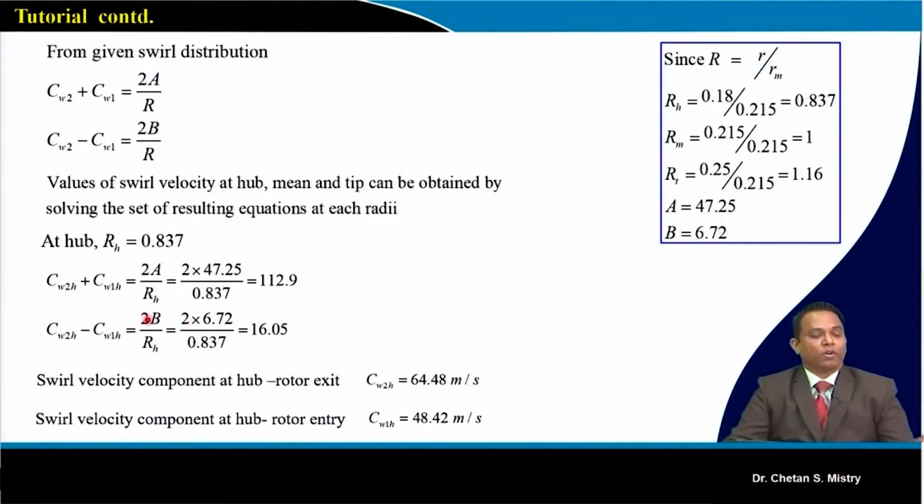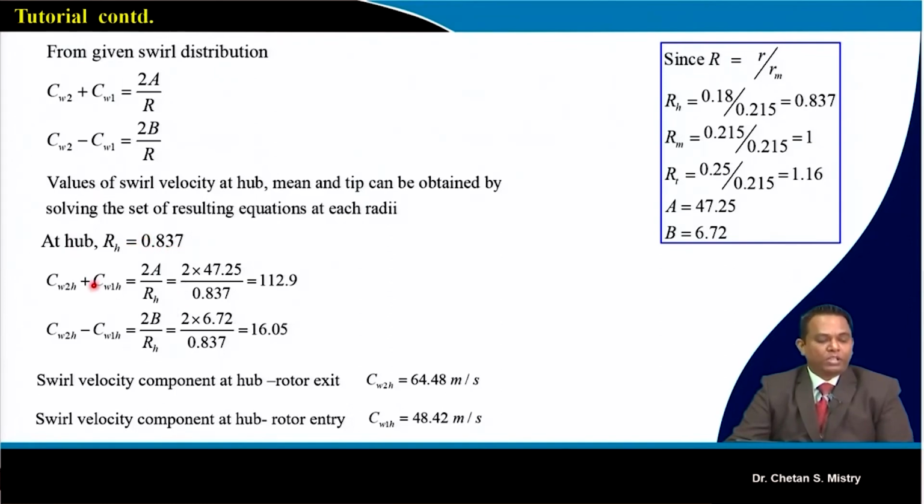We are looking for the calculation of our degree of reaction. For that purpose we can write Cw1 plus Cw2 is given by 2A divided by R, and Cw2 minus Cw1 is given by 2B divided by R. At the hub, given at this station, it is 0.387, and we have RH as 0.837.